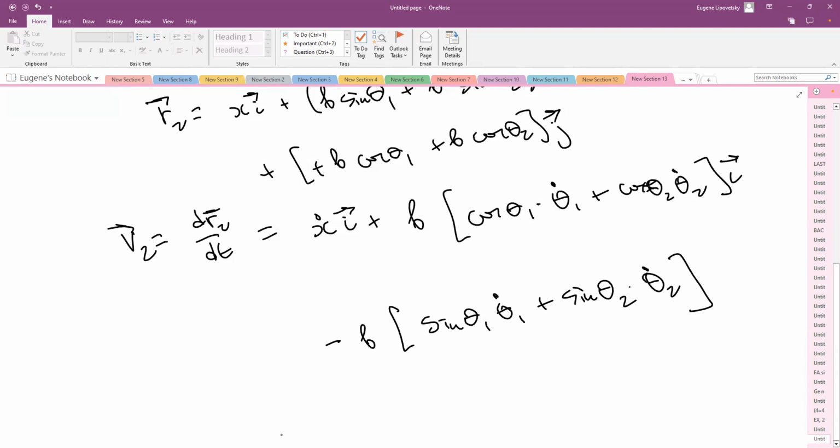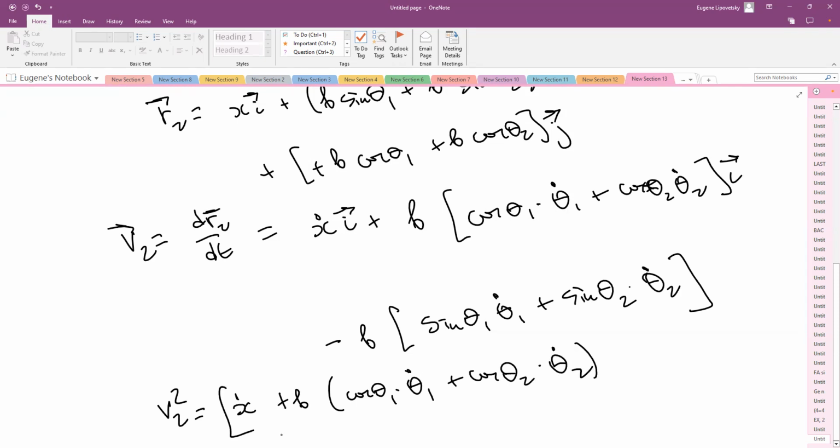So far, how is it coming? Makes sense. Thank you. All right, okay. So we need the V2 squared, and that's going to be x dot plus b cos theta 1 times theta 1 dot plus cos theta 2 dot, all of that squared, that's the i component.